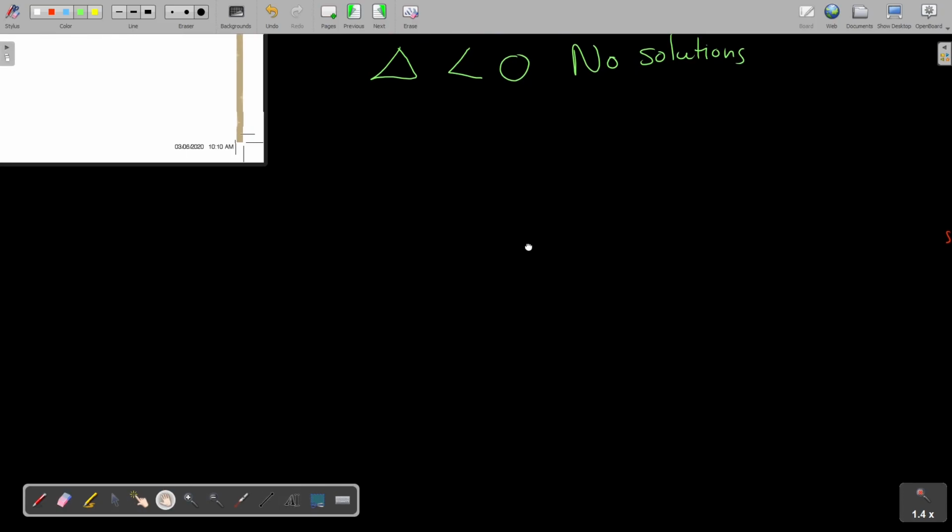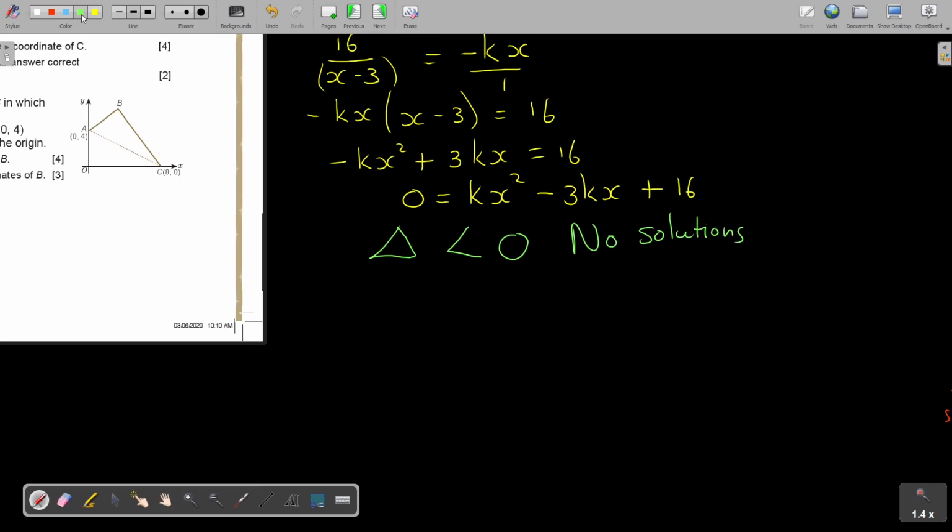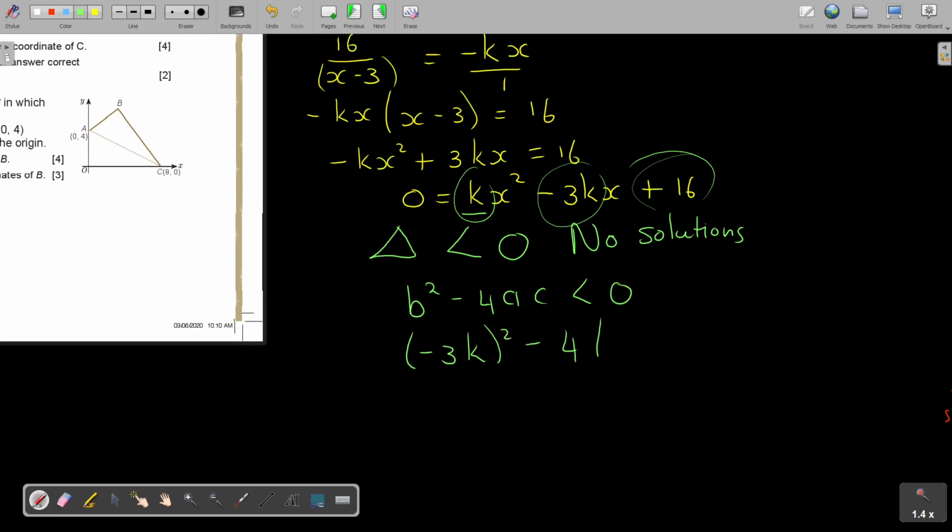Okay, let's go back down. I'm just going to say b squared minus 4ac is smaller than 0. Remember, that is a, that is b, that is c. So negative 3k squared minus 4 times k times 16, which is 9k squared minus 64k, smaller than 0. Now this is also going to chapter 1, quadratic inequalities.